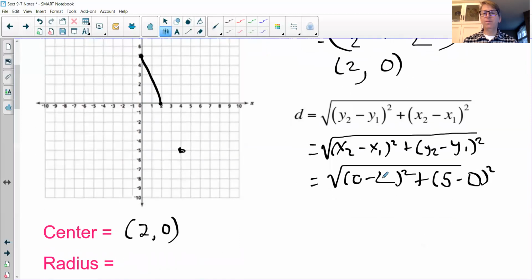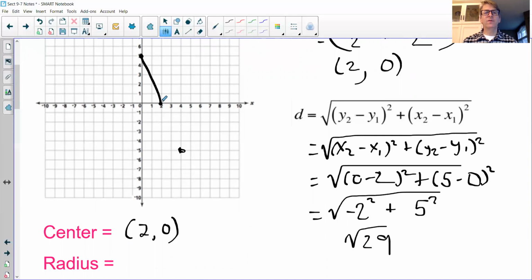Okay, so when you're doing your combination there, 0 minus 2 is a negative 2. Then we're going to square that, plus 5 squared. So that's 25 plus 4, or the square root of 29 is the distance. Square root of 29.